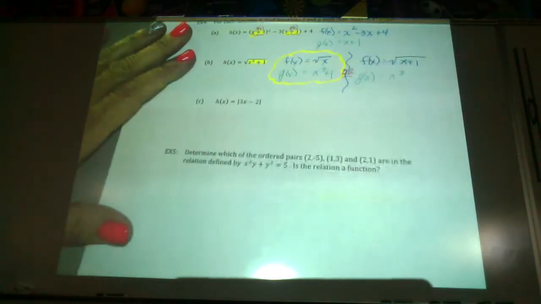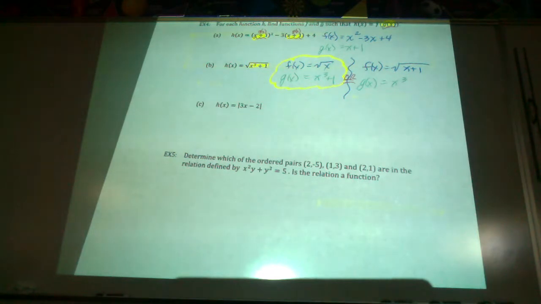All right, so then do C. Everybody should be able to do C. Are you ready to do it? Give them a minute to think. Hang on. This one you really can't have 2 different options.